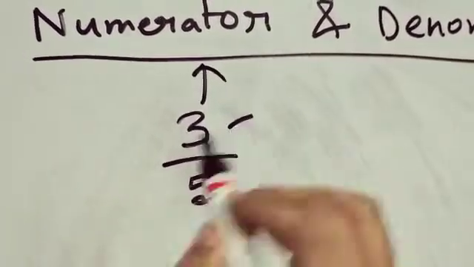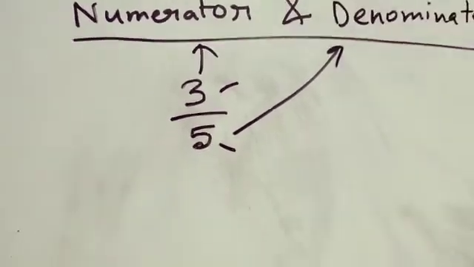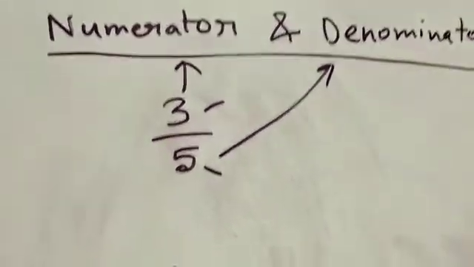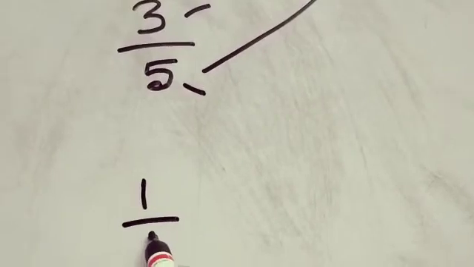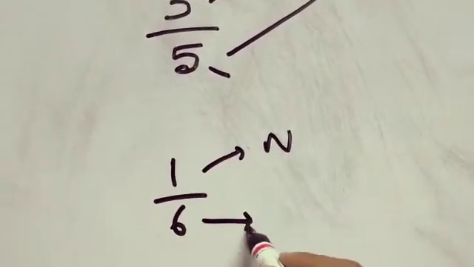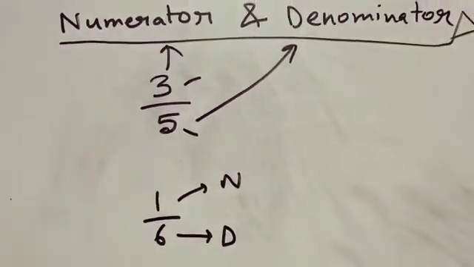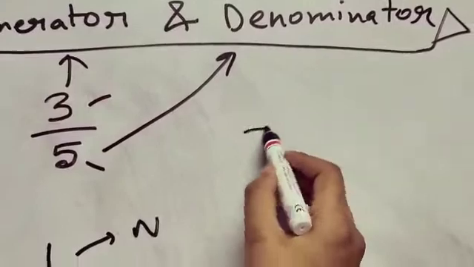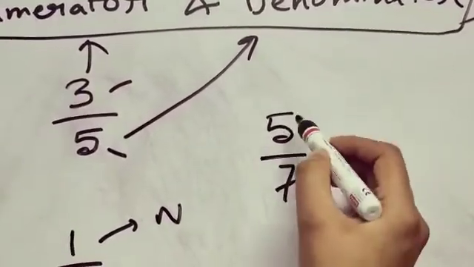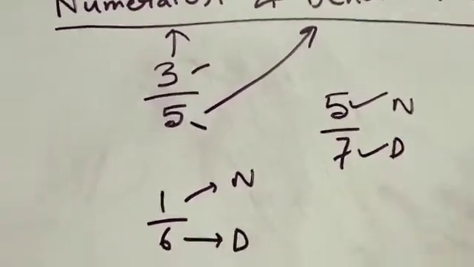So 3 is the numerator and the lower one is called a denominator. Clear? That means in 1 by 6, 1 is the numerator and 6 is the denominator. Clear? Look at the spelling very carefully, numerator and denominator. In 5 by 7, 5 is the numerator and 7 is the denominator. Clear? Okay.